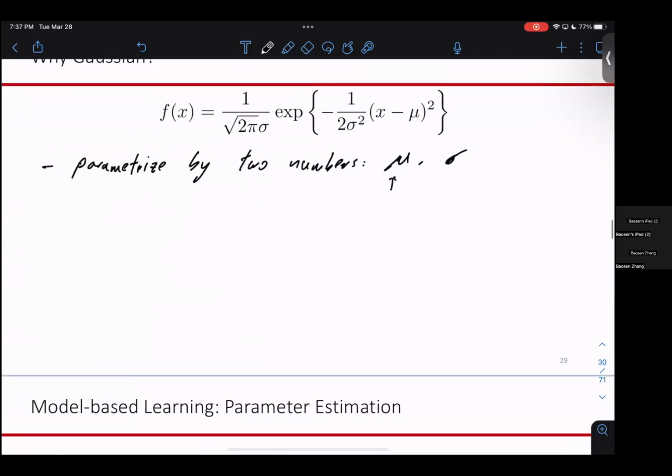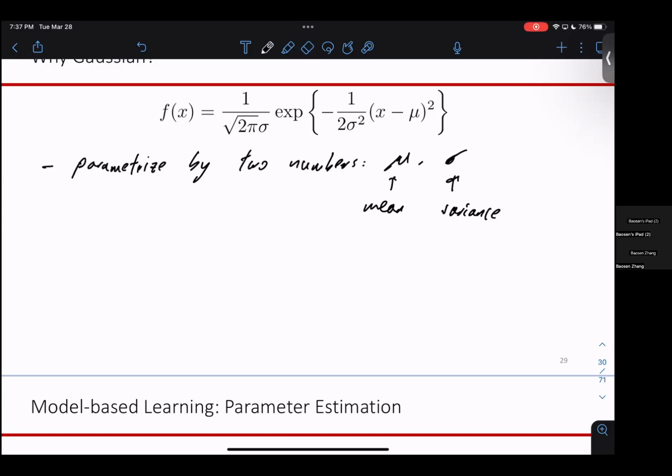And this happens to be really the thing that's easiest to describe. Right? So mean and variance is how we think about randomness. What is the average of something? What is the deviation away from the average? That's a variance. So this is really how we think about data, how we think about the problem.